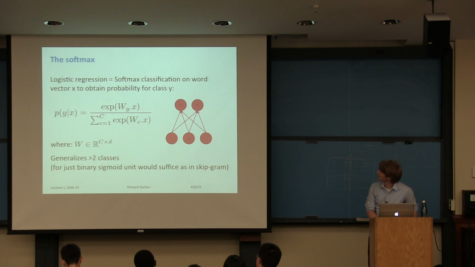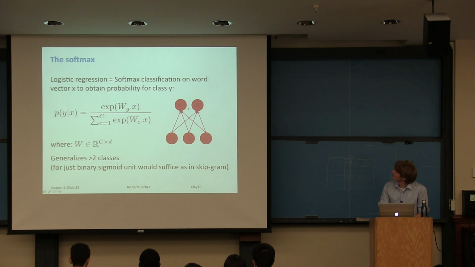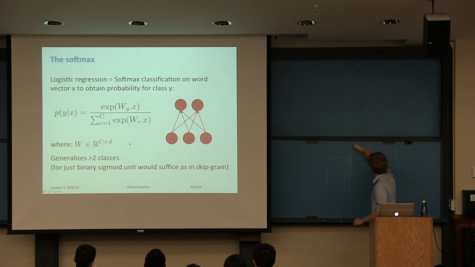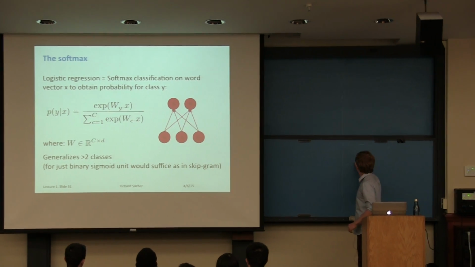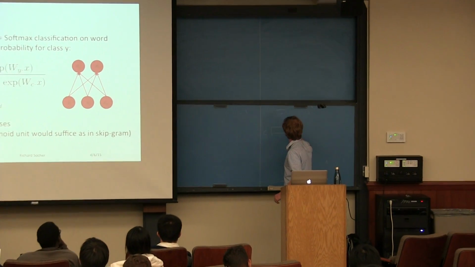But for simplicity here, this is the kind of figure that we would draw for a 2-class softmax classifier for 3-dimensional word vectors. So we have here in general a matrix W, which has C many rows and D many columns. So we'll have C times D.